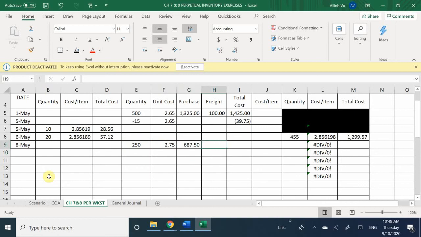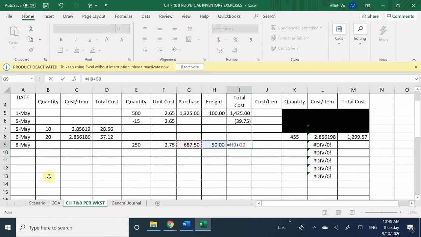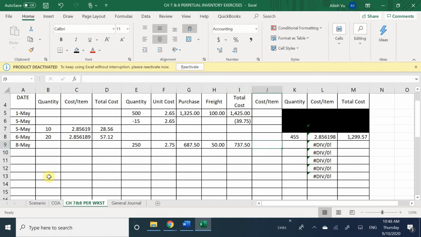Freight was $50, and the total is 737.50. Good.